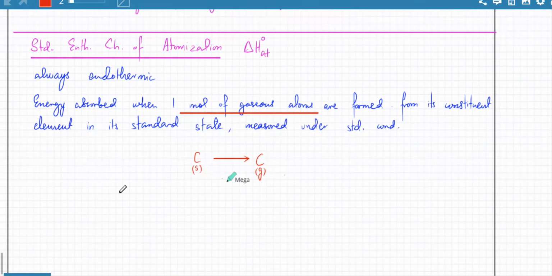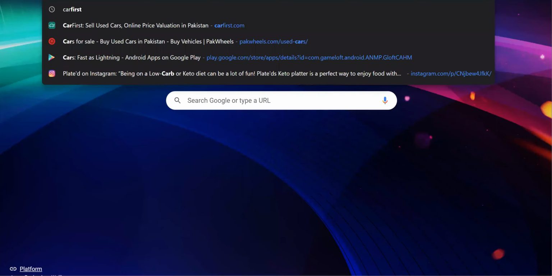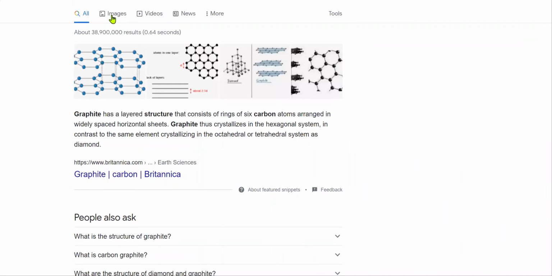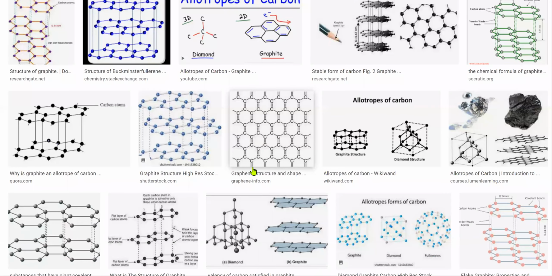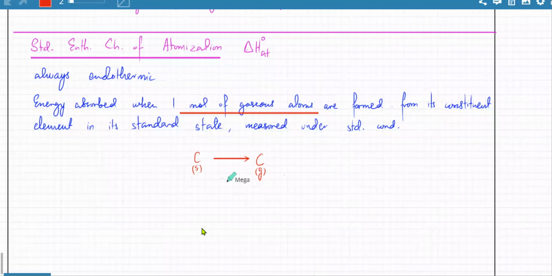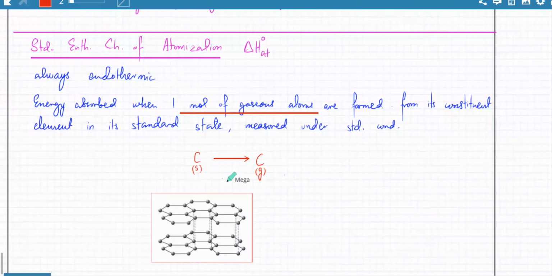Carbon is either graphite or diamond. Usually when we refer to carbon, we're talking about graphite, the structure of graphite. We normally talk about it in terms of graphite, so this over here is our graphite.